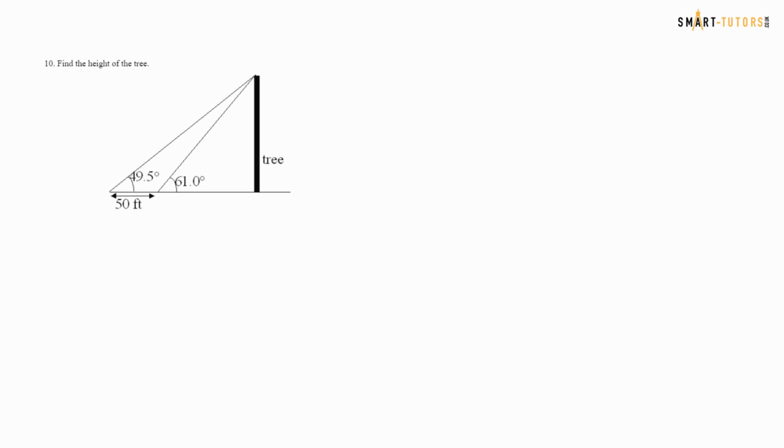Question number 10. The question is given, there's a tree, find the height of the tree. So they are asking what is this h. So that is the answer. This question can be done by various methods, like if you apply the sine or cosine rule, you can do that too.